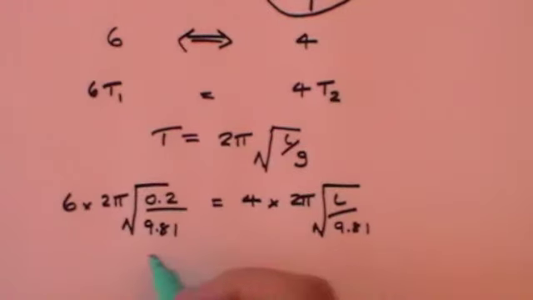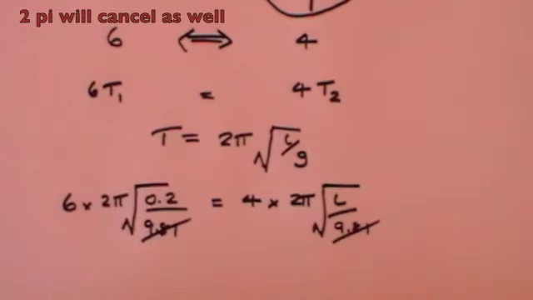You'll notice that you've got the square root of 9.81 on either side, so that can cancel. And if you then simply take that to its basis, you'll find that L is equal to 0.45 meters. That's just a straight calculation.